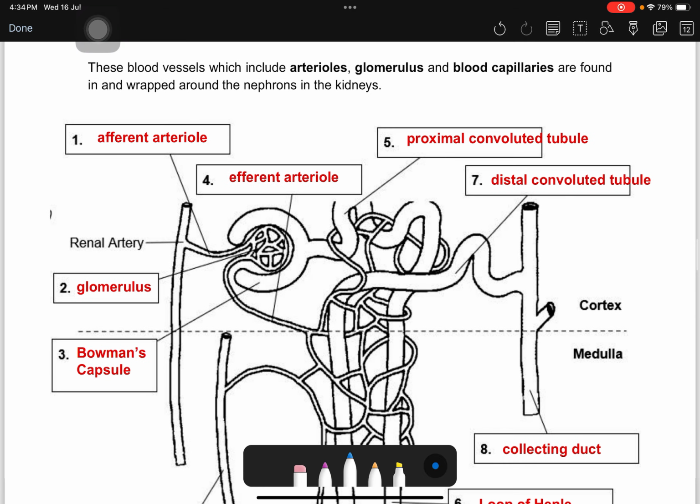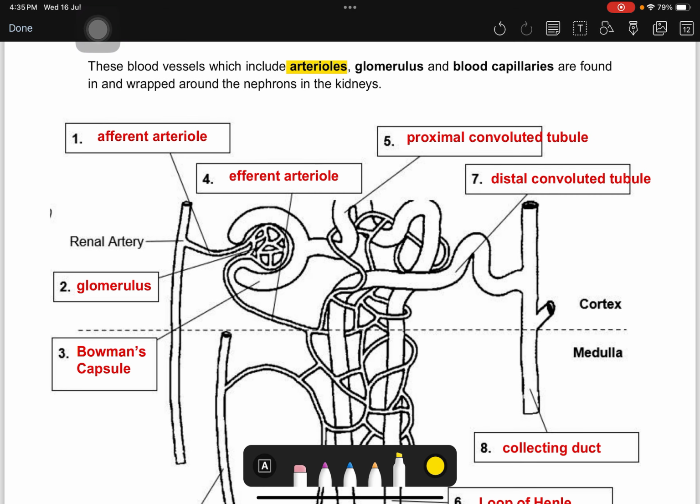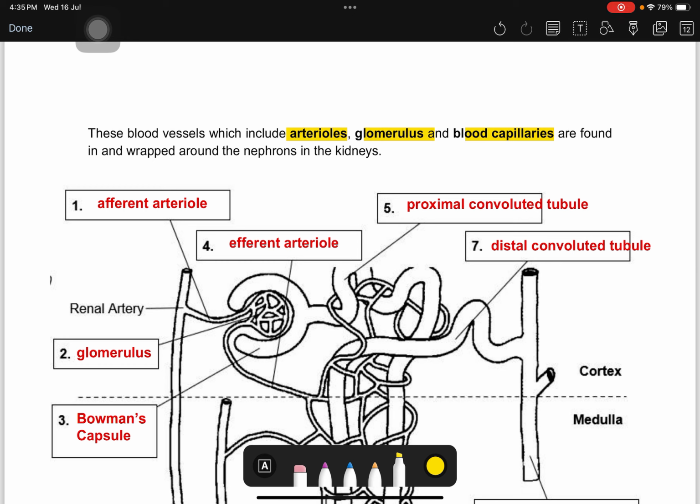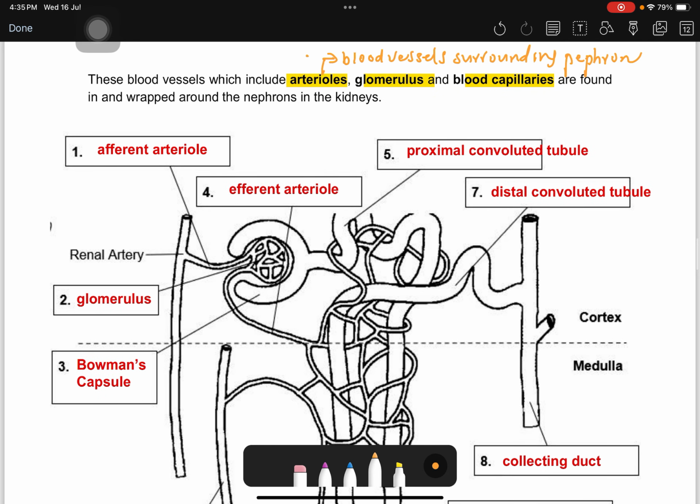So let's take a look at this to identify where the blood vessels are. I recommend you take out a highlighter right now and follow me as I highlight. So the yellow highlight would be the blood vessels surrounding nephrons. Let's do that first. Pay attention to the red first, and follow my pointer.